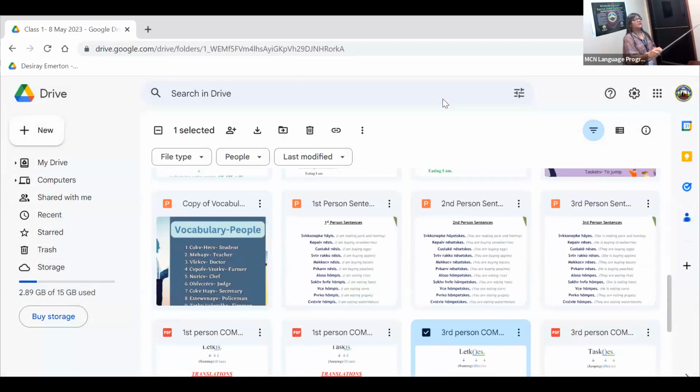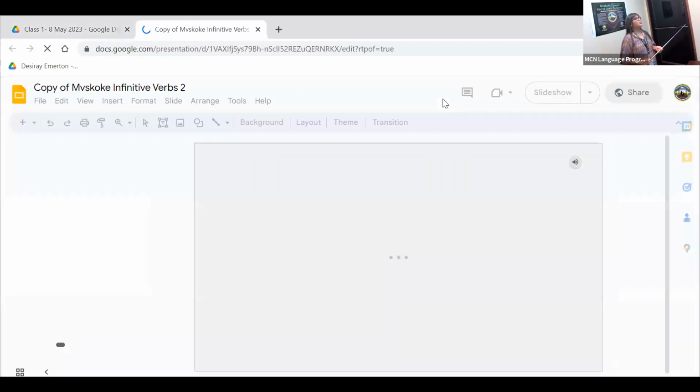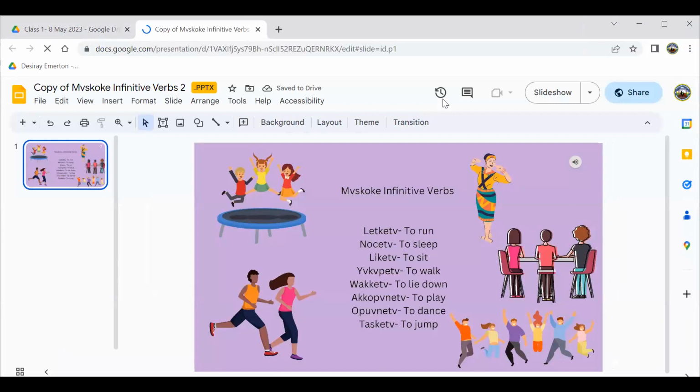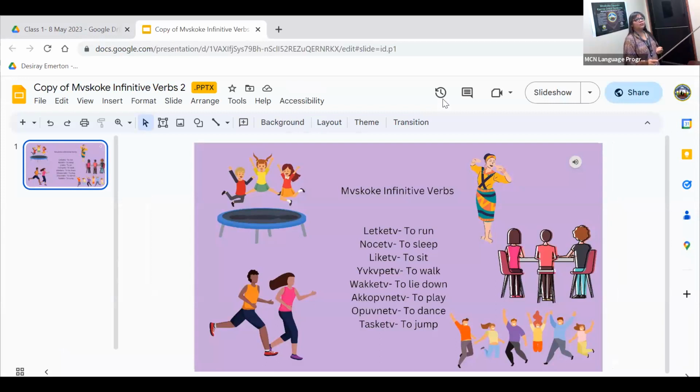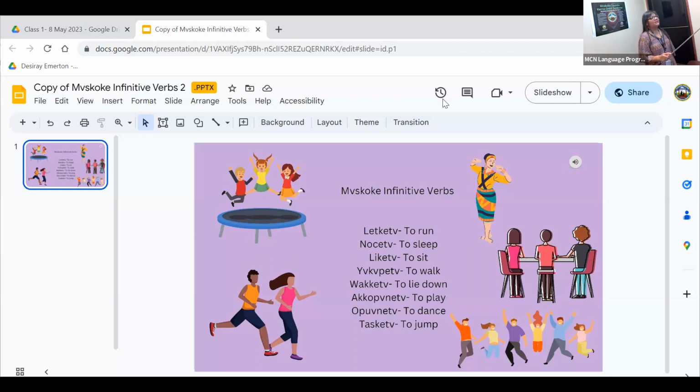You've got your steps. And what we are trying to do is to try to go a little further. There is a copy of our infinitive verbs that we are using this time. So you can see litkeda, to run. That was the one I translated today, and taskeda, to jump. Did I do taskeda? It's been a long week. It's been a long morning already. So litkeda, nojida, to sleep, legida, to sit, yakabida, to walk, wakida, to lie down, akopaneda.